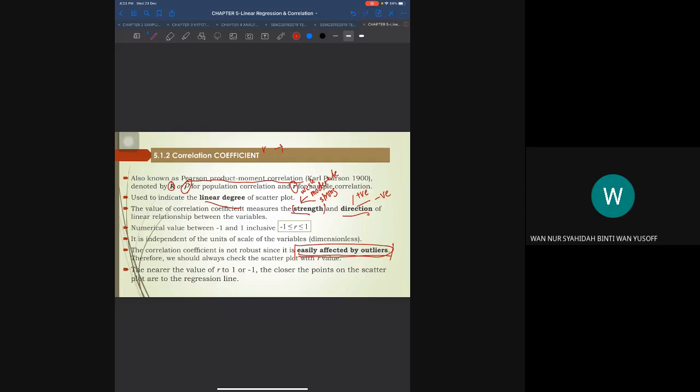Why is it easily affected by the outlier? Anyone? Data value will change significantly. No. How do they change when we have the outlier? No, the data value will not be changed.